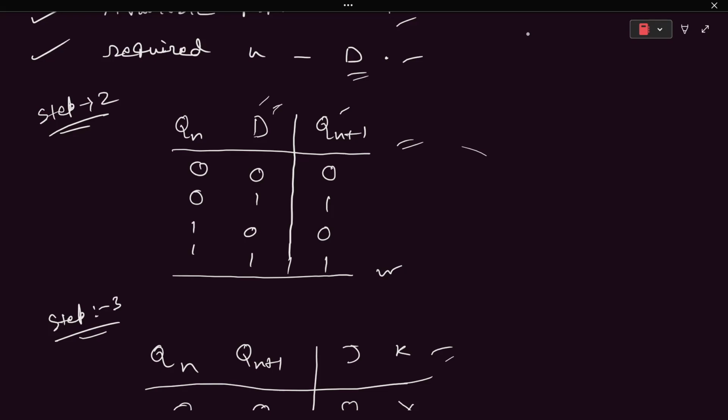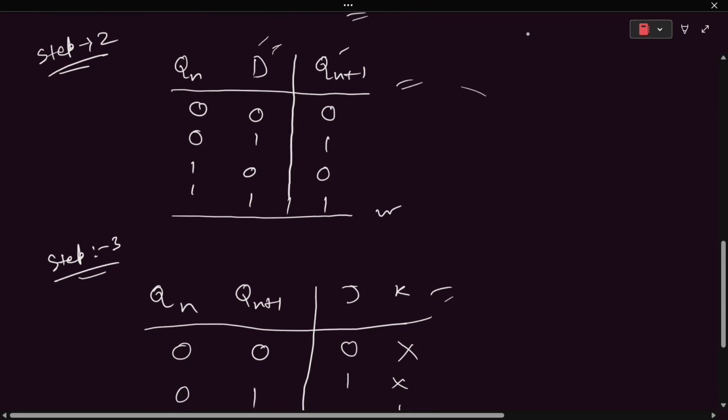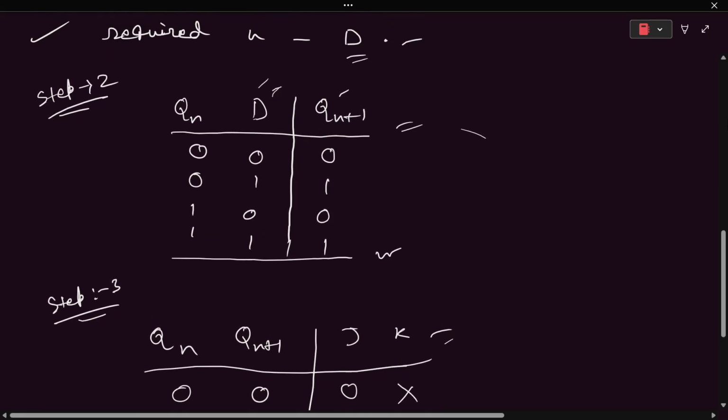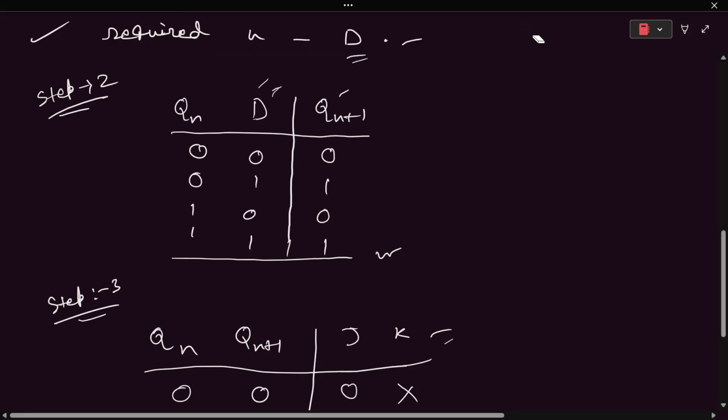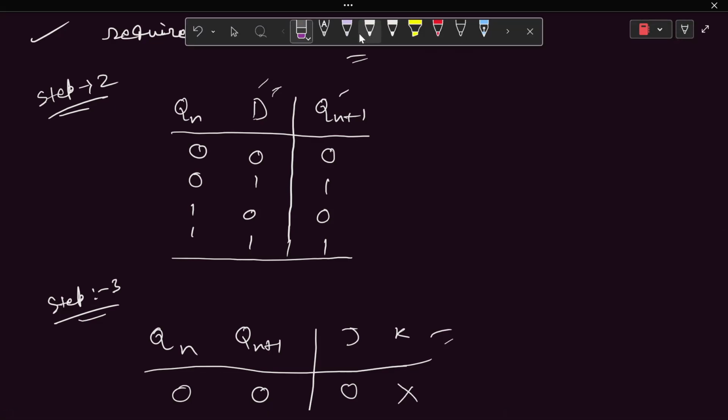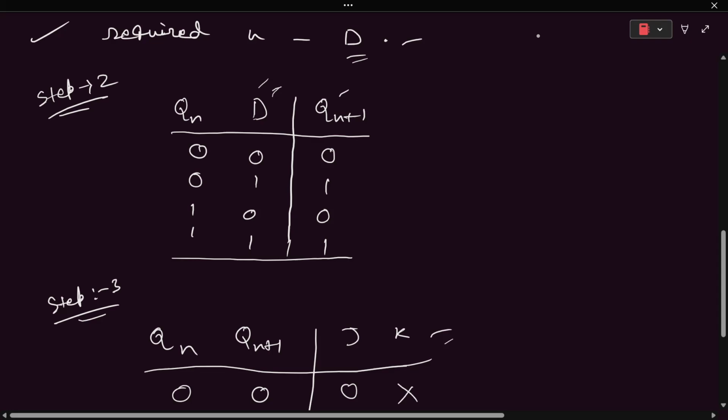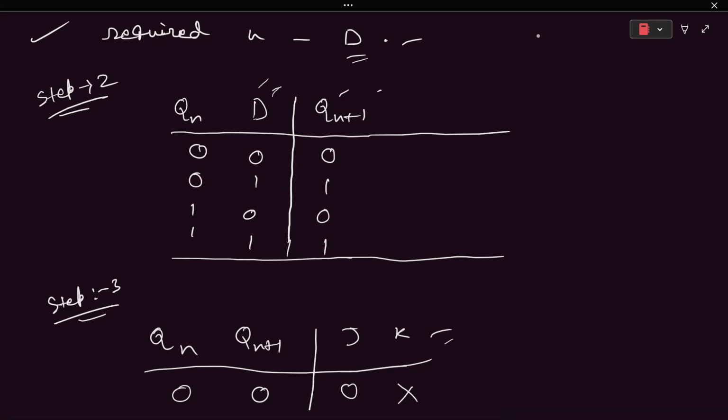This is a very important step we must remember. We will simply extend this table such that we write the expression of JK flip-flop, our step number 4, using a truth table.